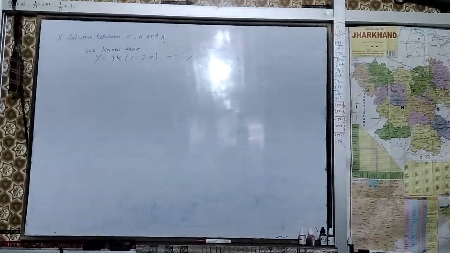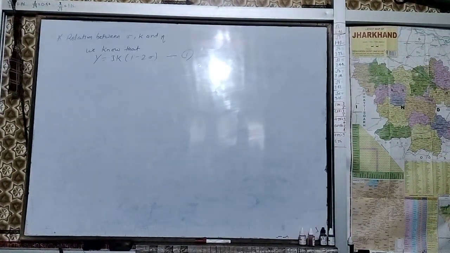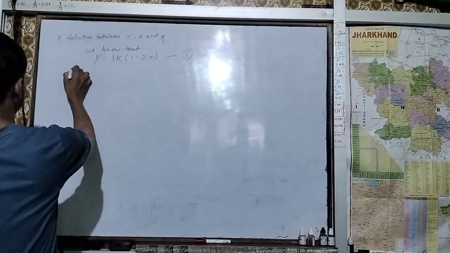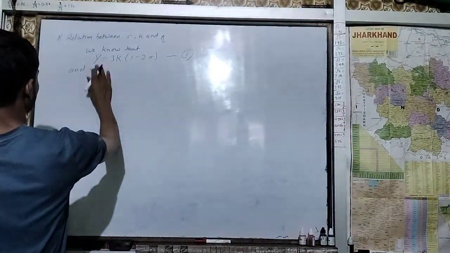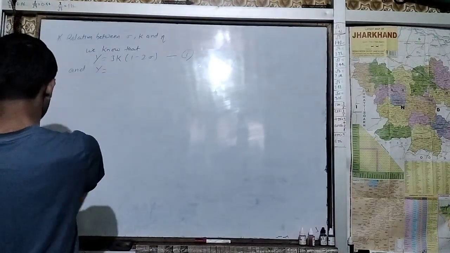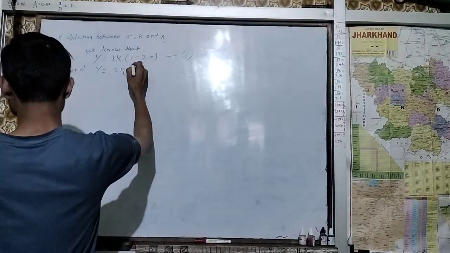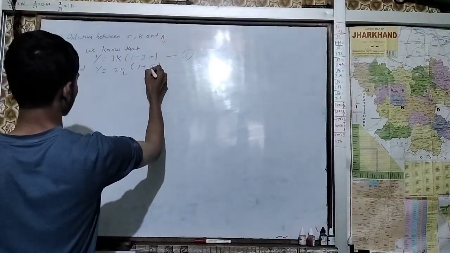And the second relation is Y = 2η(1 + Poisson's ratio).